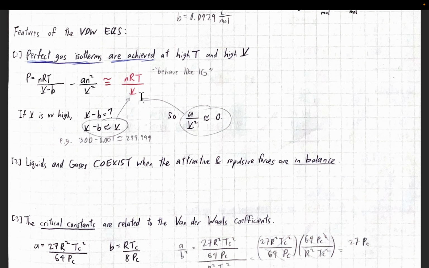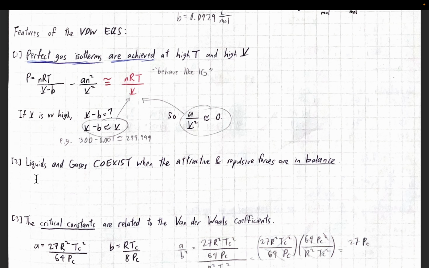So from there, what do you observe? This formula essentially becomes nRT over V molar. So it kind of looks like the ideal gas equation of state already, no?